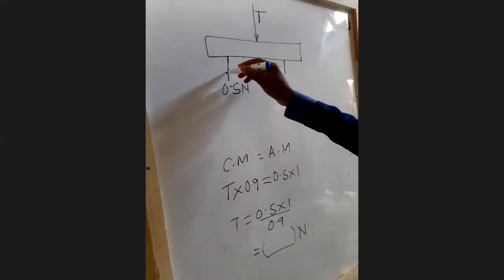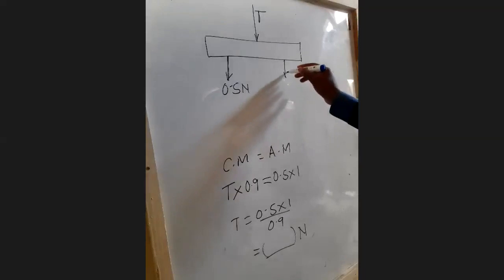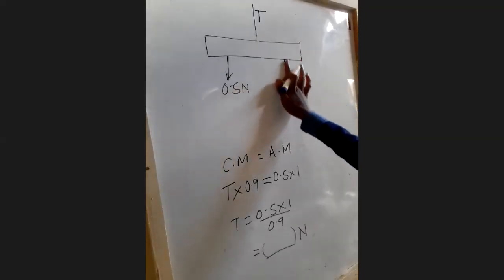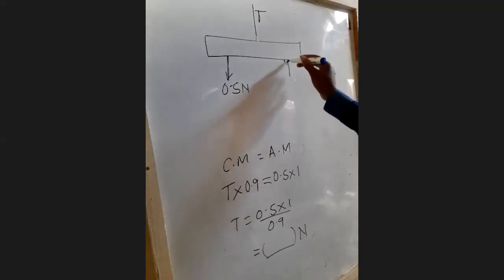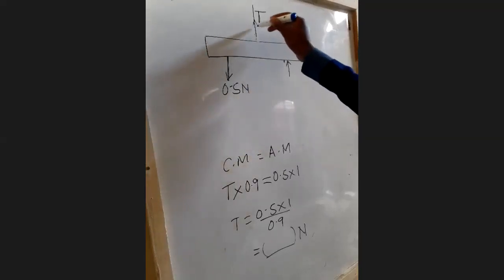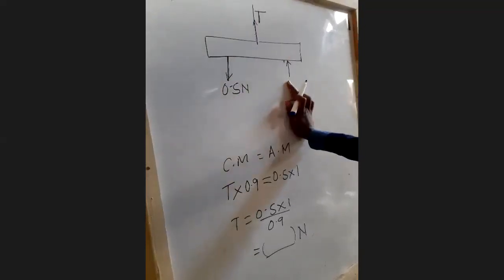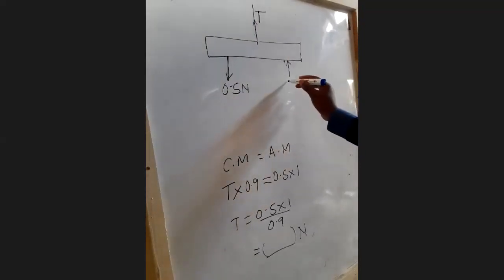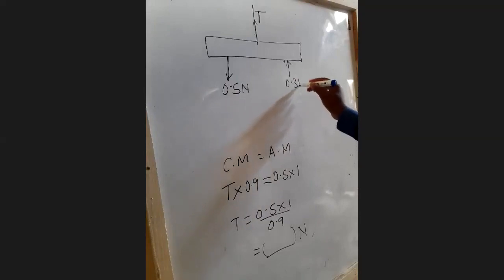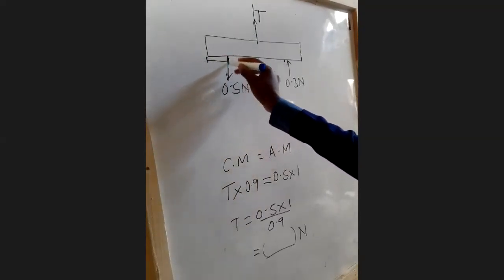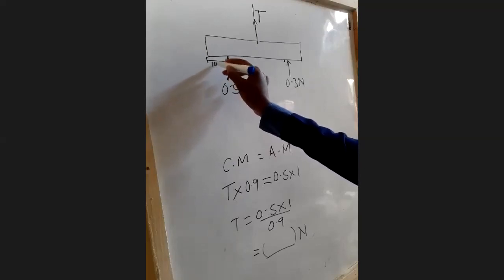So this force is acting down, this force is acting down, and then, sorry, let this force act up, and this force act up. So this is force T. We have this force as 0.3 Newton. Now the distance from the end here up to here, let's say it is 10 centimeter.